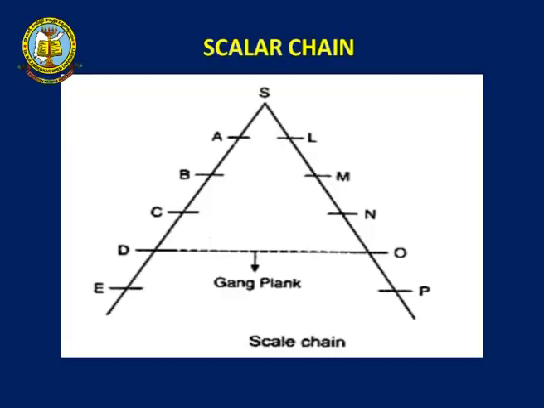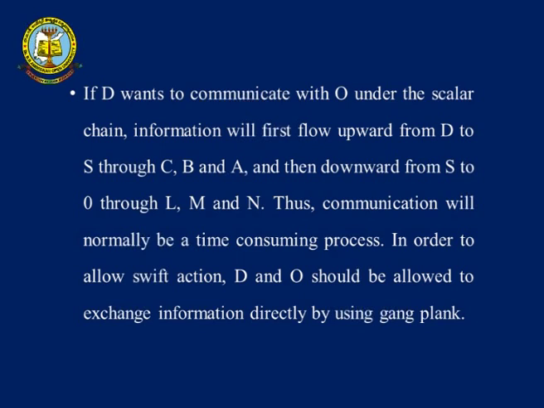So to make you understand more, I am presenting this illustration. Just observe carefully. It's a scalar chain where you can see that vertically there is a hierarchical communication. So if E wants to communicate to S, he has to proceed through D, C, B, A, right? So let's take an example.